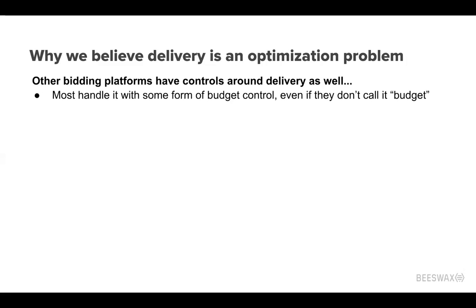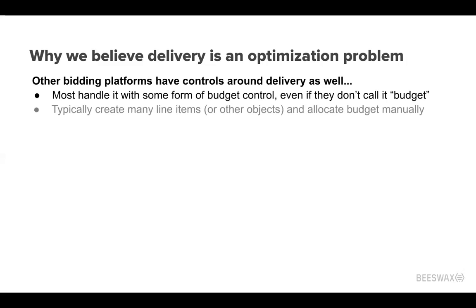But most other platforms handle it with some form of budget control. Even if they don't call it budget, they may call it splits, or something else. But they handle it in the form of budget. And when I say budget, I mean something that you have to allocate manually and that acts as a cap as well.